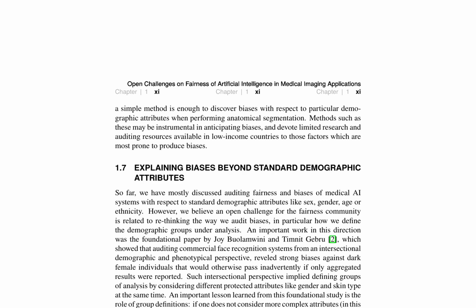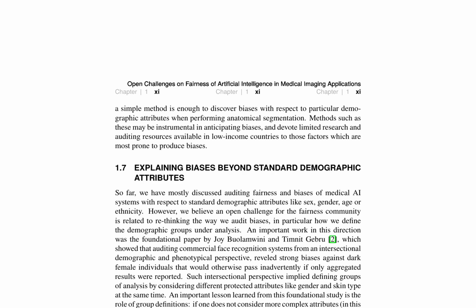Group definitions play a critical role in bias audits, and considering more complex attributes, such as combinations of demographic and phenotypical attributes, is essential. Beyond standard demographic characteristics, other attributes or potential confounders may define failure modes for medical AI systems.